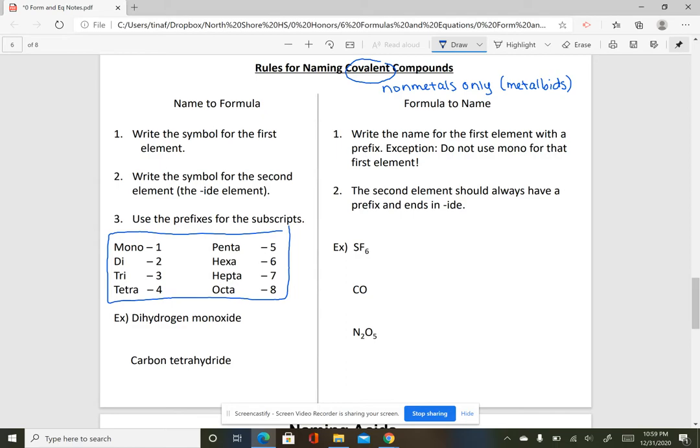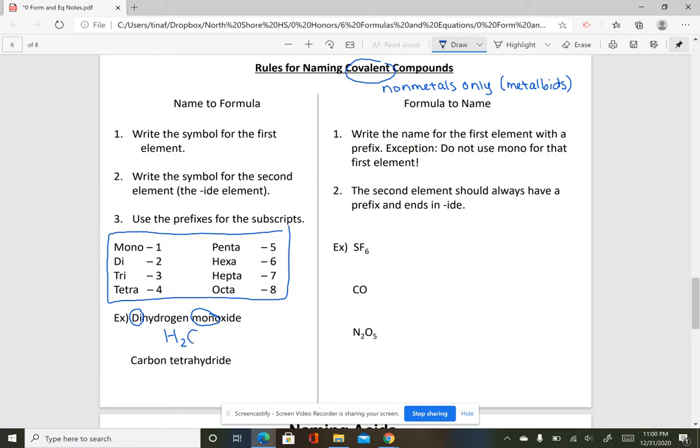So when they give you the name and they ask you to write the formula, you literally just say, okay, what's the prefix? So dihydrogen means two hydrogens because di means two. So I would write hydrogen, the symbol, with a little two. And then mono is one, oxide is oxygen.